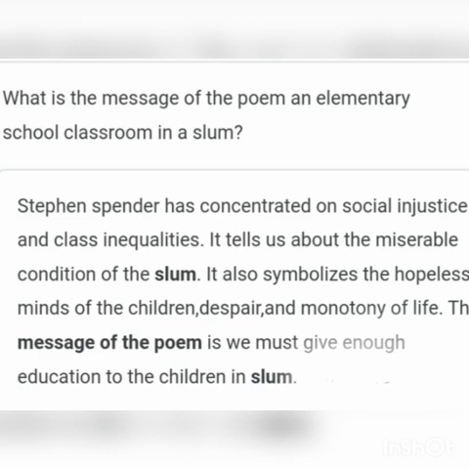We must try improving their life by giving them better opportunities and facilities, so that they can become good citizens, they can become an asset to the society rather than turning towards crime. So this is the message given through this particular poem, that we must try improving their life.